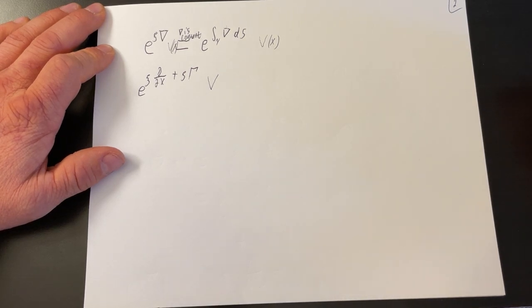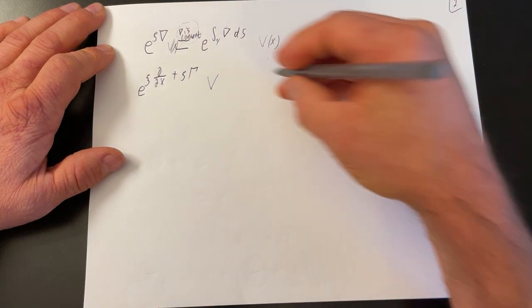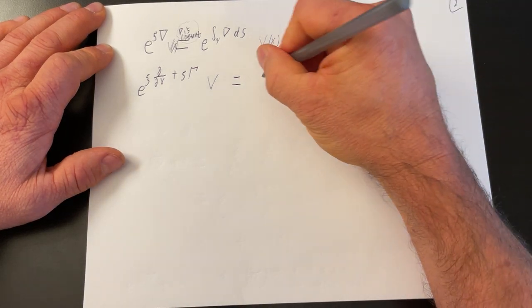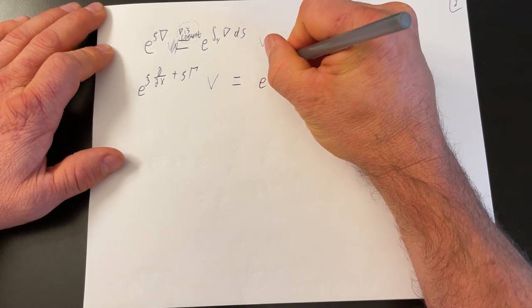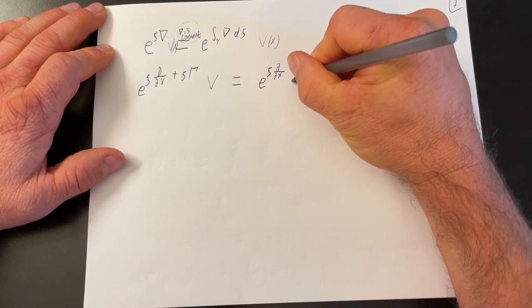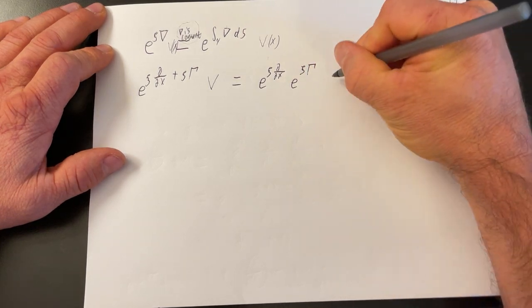And like I said, under this assumption that the covariant derivative is constant, we can break that up into two parts: this part, which we already talked about and is a translation, and then this part.